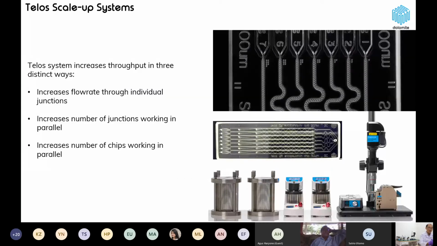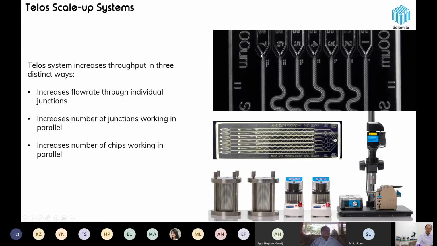So with the Telos scale-up system, we increase output in 3 distinct ways. First is to increase the flow rate through the individual junction, the second is to increase the number of junctions working in parallel, and the third is to increase the number of chips working in parallel.